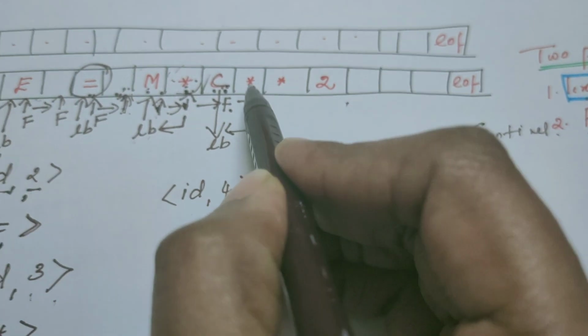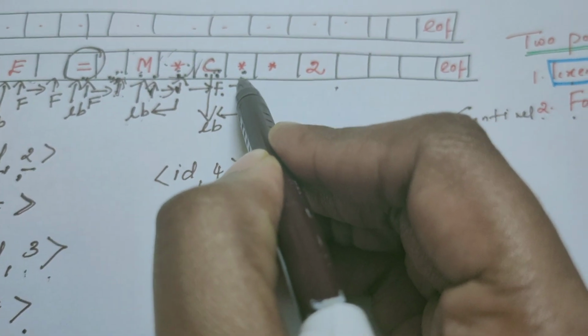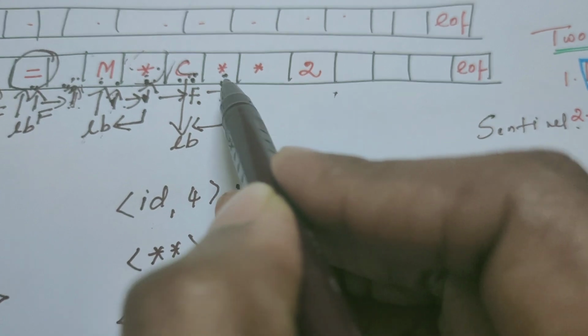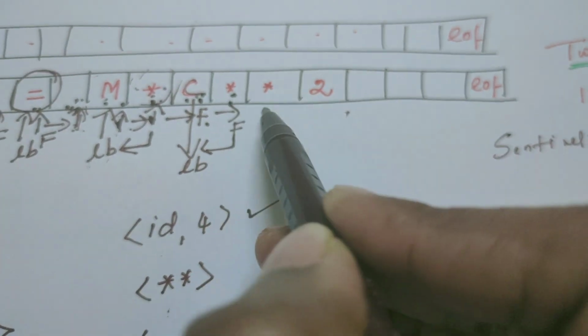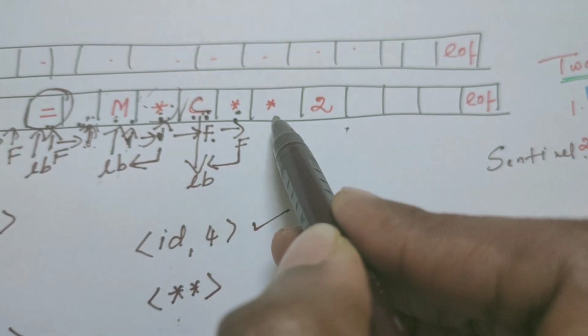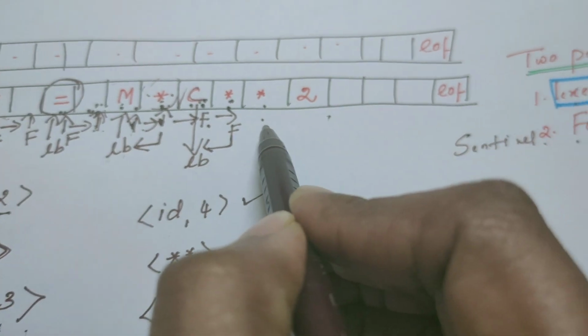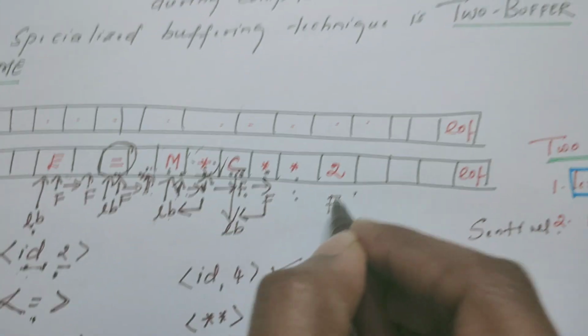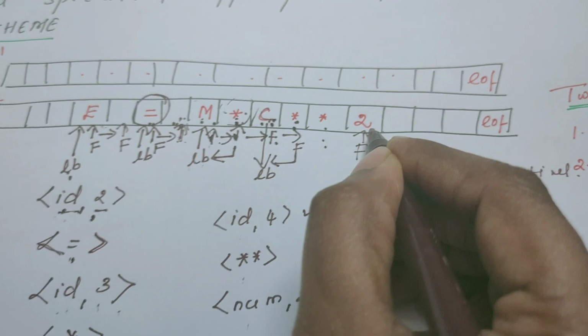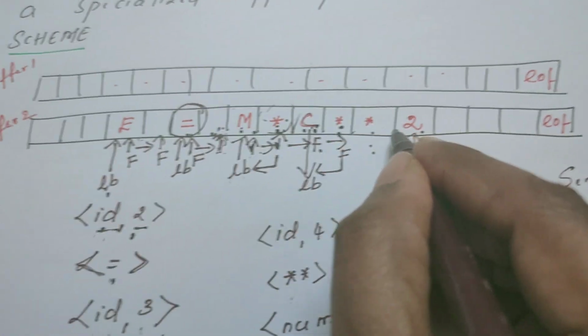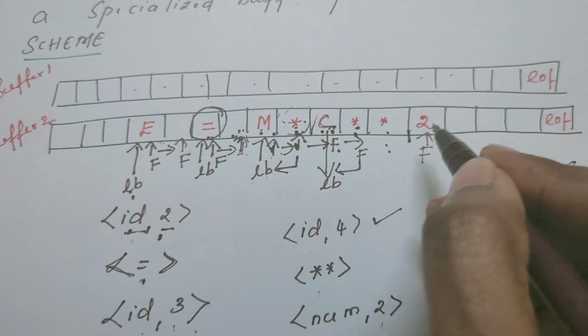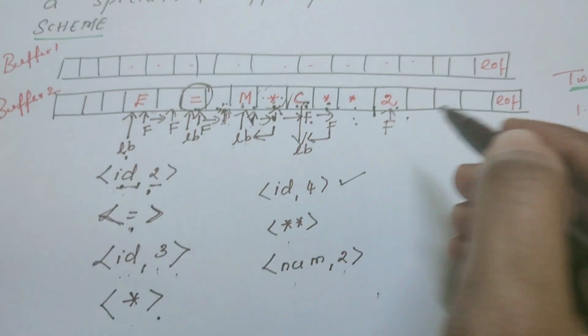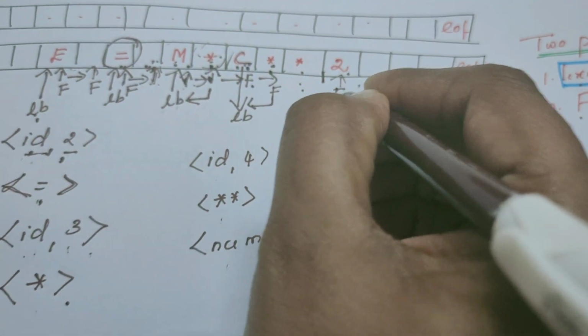Now lexemeBegin and forward are pointing to the star and continue to read. Forward scans the star, forward moves right and further scans the star. Further the forward pointer moves to point to this 2. Once it reads 2, it recognizes that till the last character whatever it has read is a meaningful lexeme. So where is the lexemeBegin pointer now?